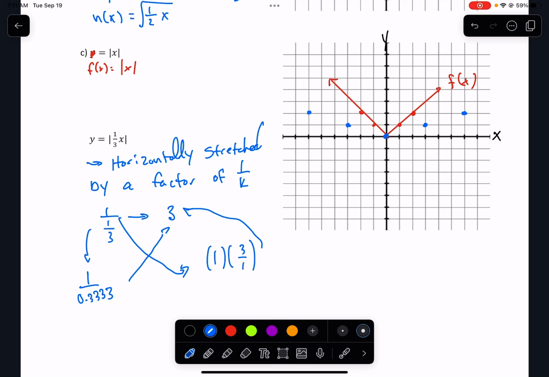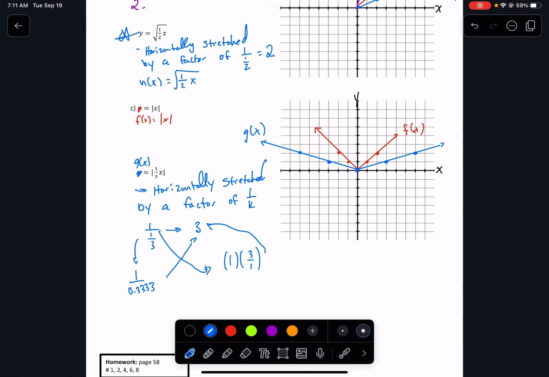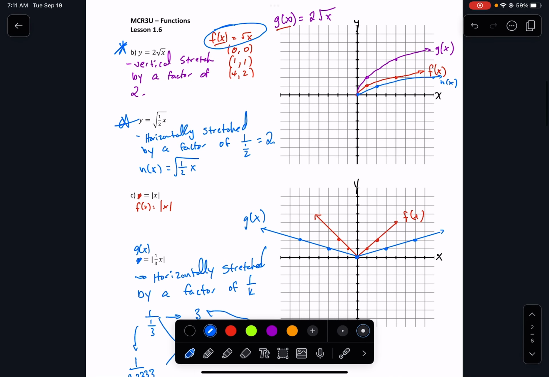Okay, and if I connect those points, this is our new function. So that is the graph of, we call it g of x, where g of x is the absolute value of 1/3 x.